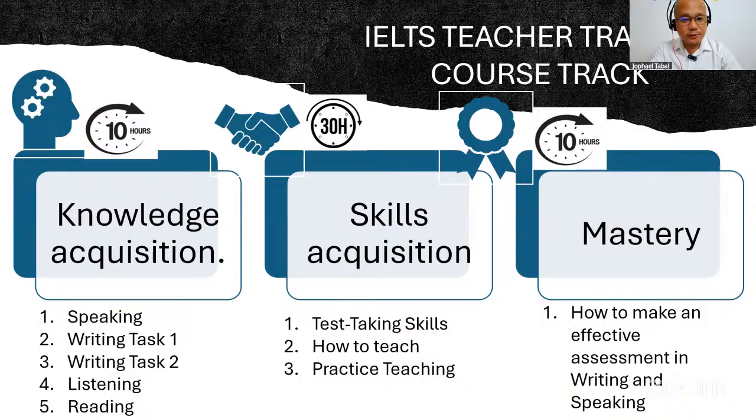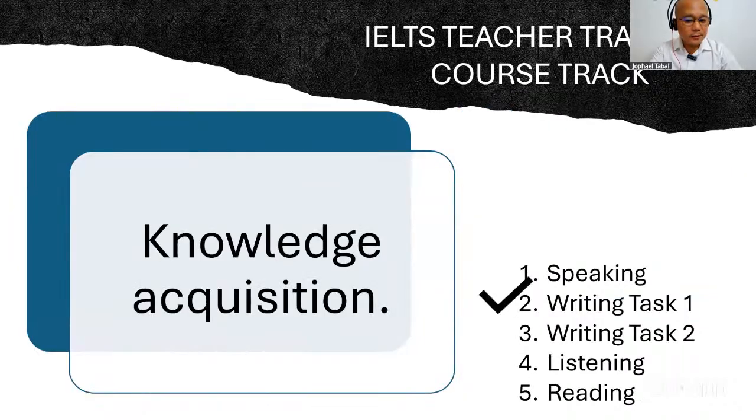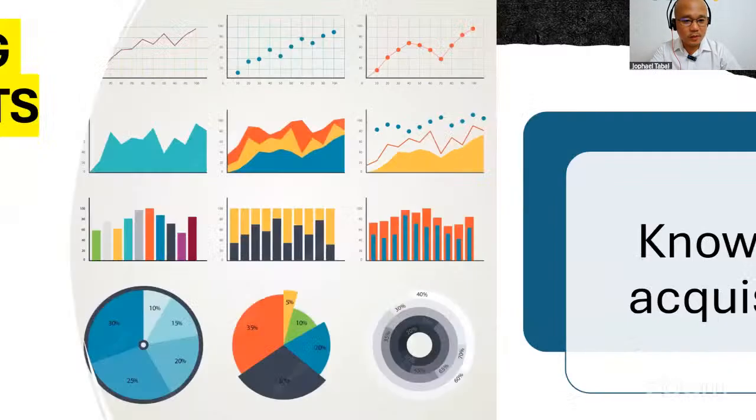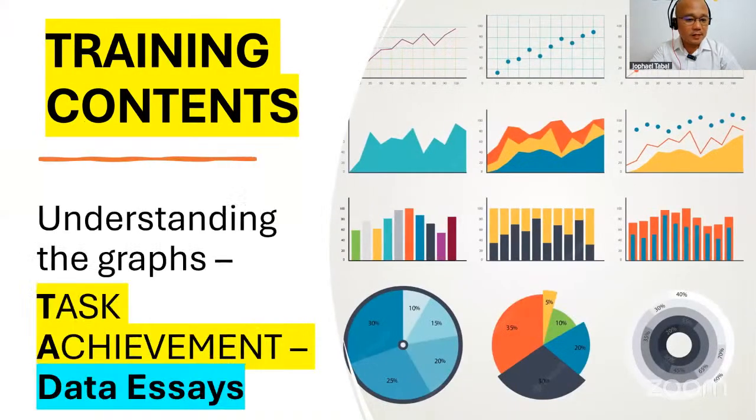So in the last few trainings, we covered IELTS speaking, and we covered everything we need to know on how to upgrade our skills and our score in IELTS speaking. And again, today, our main focus in this session is IELTS writing task 1, focusing mainly on task achievement in data essays.